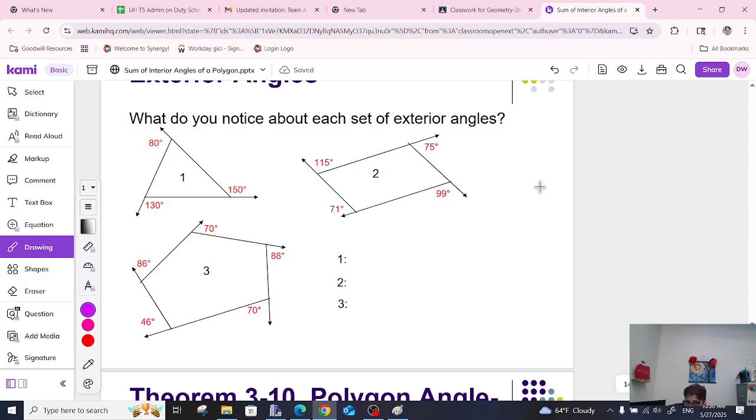Go ahead and use your calculator quickly and just add up those angles that are on the outside, the exteriors. Figure 1, 2, and 3. They're all 360.